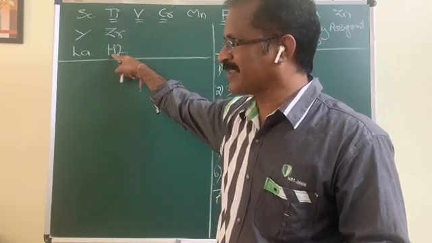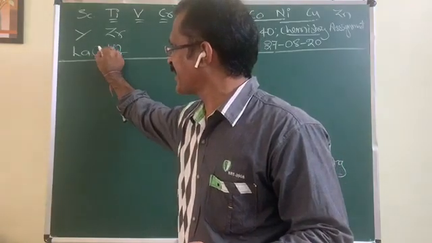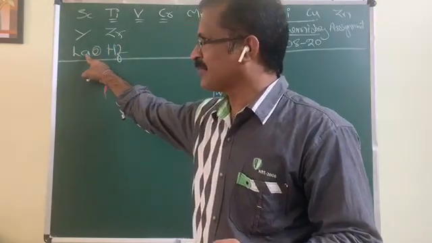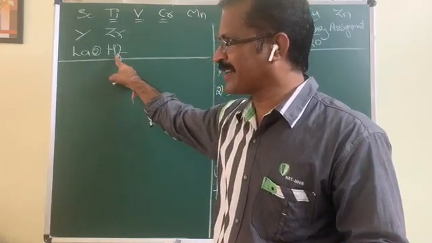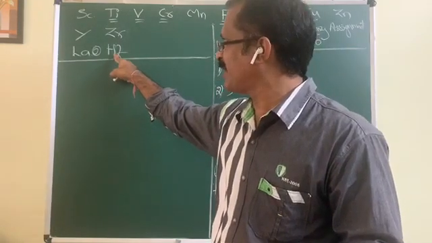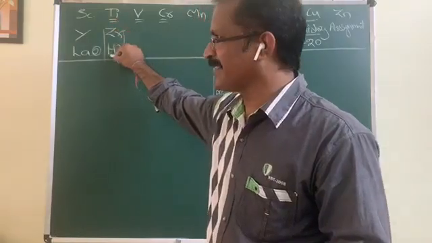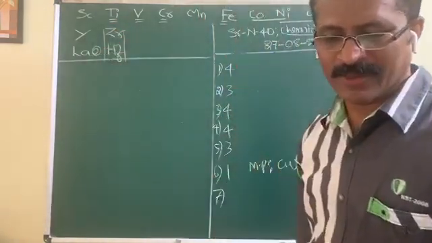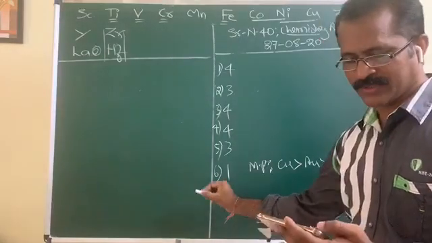Almost they exhibit a similar size because of lanthanide contraction. After lanthanides we have hafnium. Because of lanthanide contraction, its size is lesser than expected and its size is almost equal to that of zirconium. Because of their similarity in size, they exhibit similar properties. So the third option is the correct one for this.